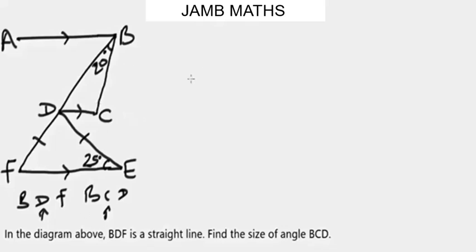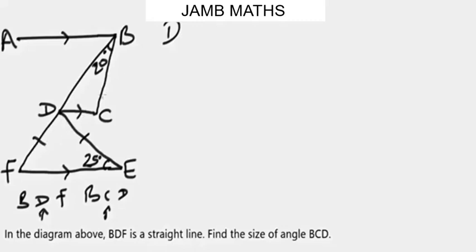For this question, the first fact we need to establish, remember, I want to solve this question. The first observation for this diagram is that if we check carefully, this triangle below, triangle DEF, is isosceles.